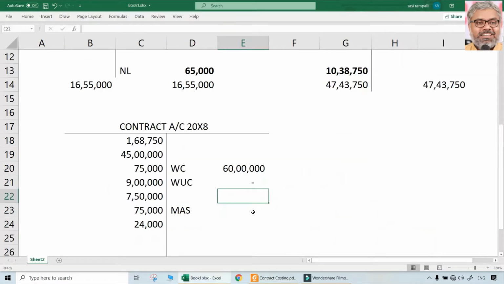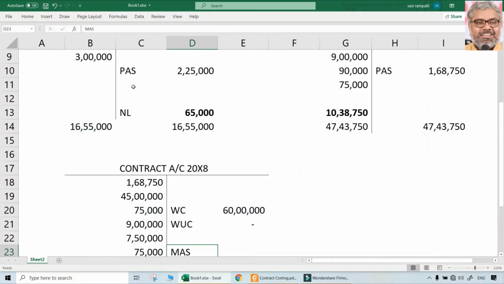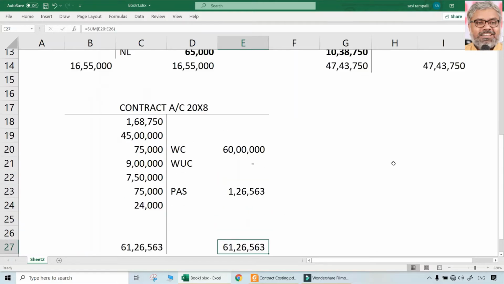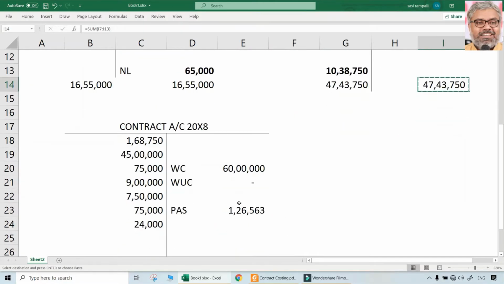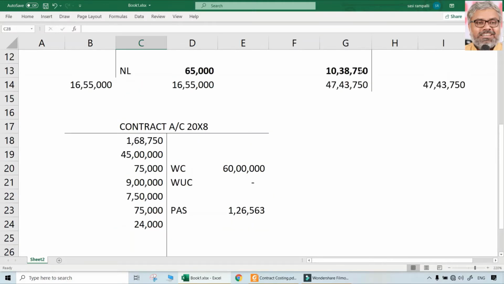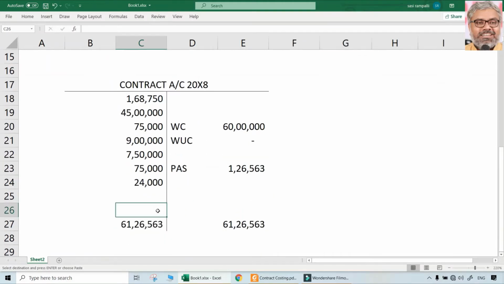And the plant at site, again we can find out by taking 75% of the opening plant after depreciation of 25%, the remaining is 126,563. So what would be the notional profit for this year?